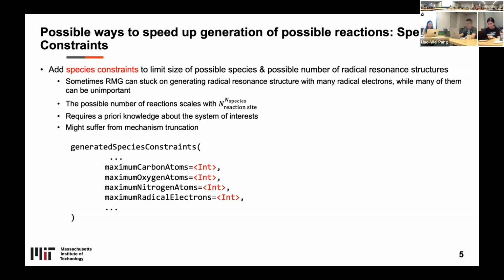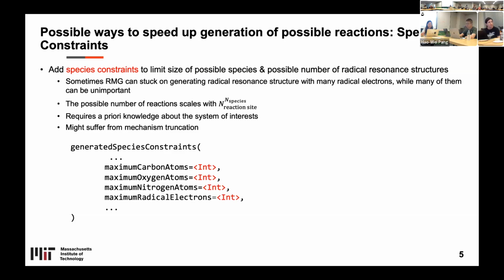Another thing you can do: the speed at which RNG generates all the possible combinations of reactions scales with the number of reaction sites to the power of the number of species. It scales really badly.